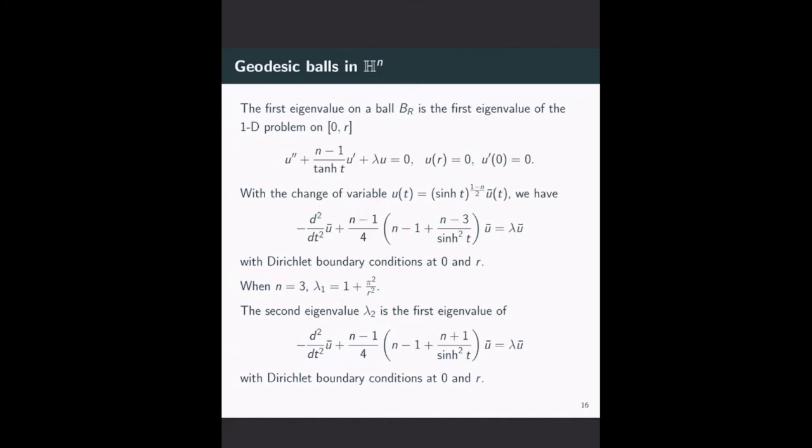And so lambda 1 is 1 plus pi squared over r squared, like in our 1D problem. The second eigenvalue is, again, after separating variables and making a change of variable, we get this equation. Yes, the only difference is a different coefficient here. So solving the problem on the ball, or finding what the values are, is simply solving these ODEs or estimating them.